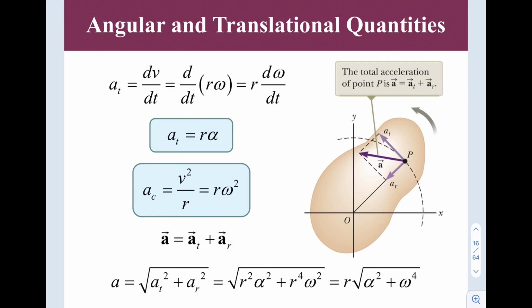Since r is a constant, we may put it outside. So it's equal to r d omega over dt, and d omega over dt is alpha. at is equal to r alpha. The unit of at is meter per second squared still, because it's linear.